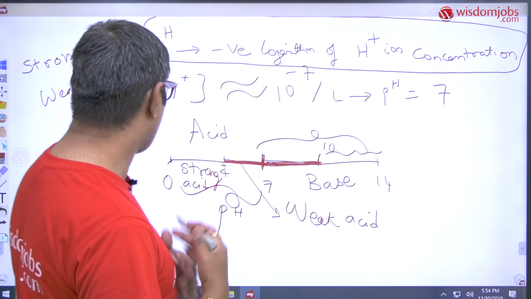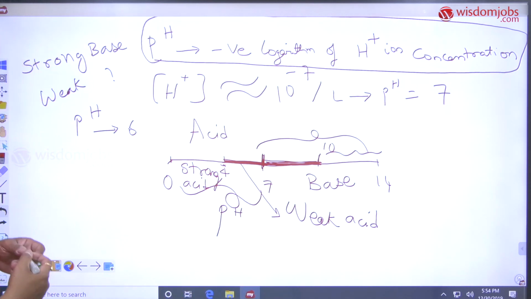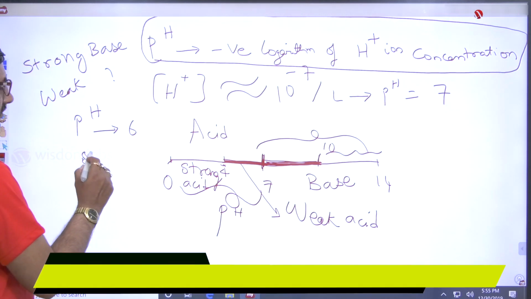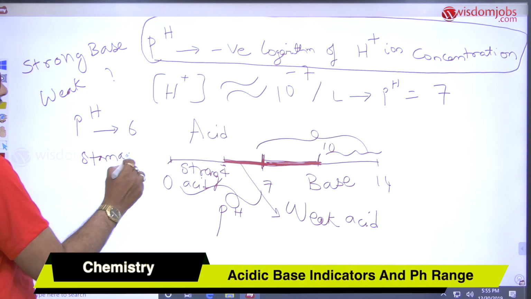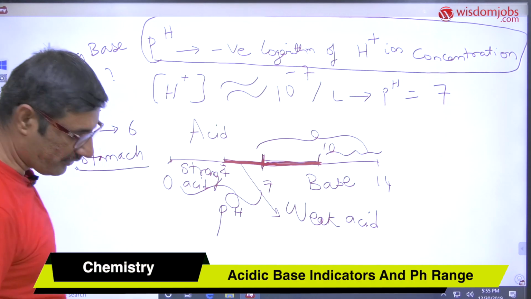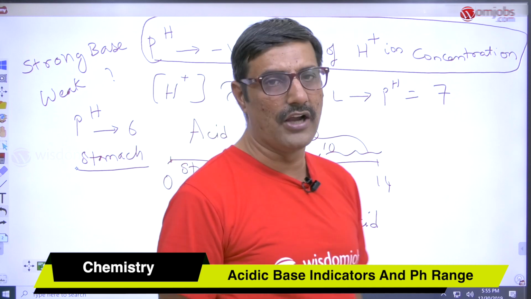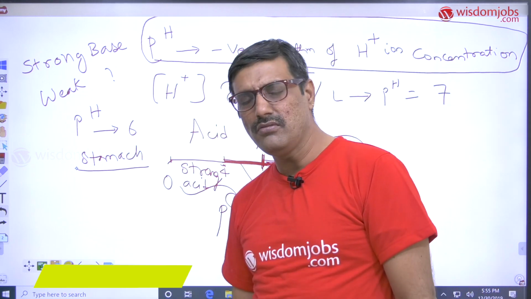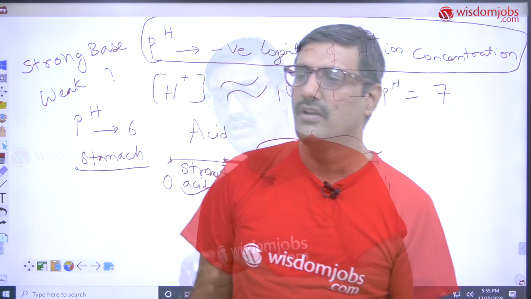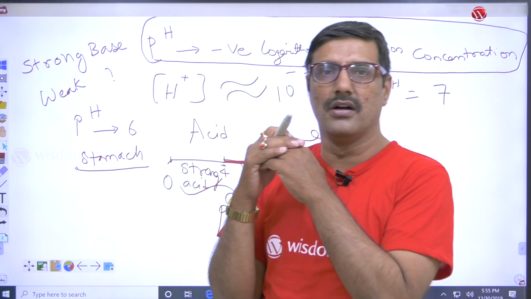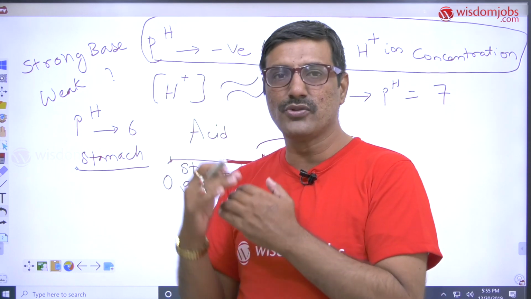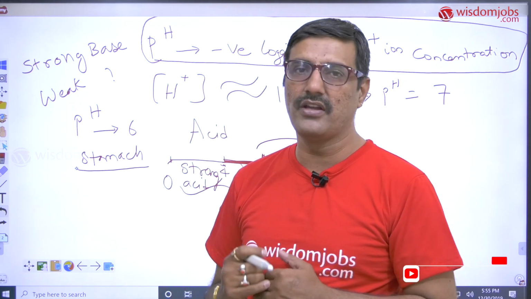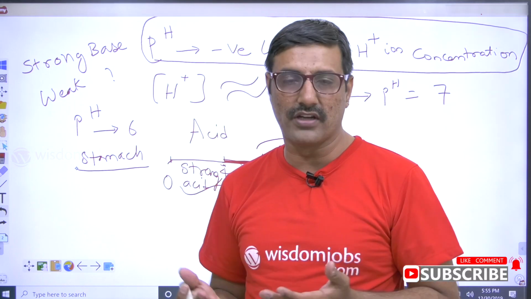One more example I can give you about pH is the stomach. The stomach is going to produce acids like hydrochloric acid, medium to dilute hydrochloric acid. If the pH of our digestive system and the stomach juices is less than 5.5, it will be more acidic.